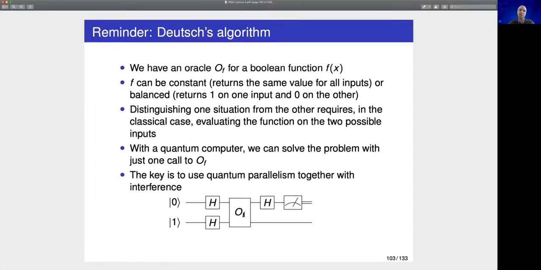One quantum function evaluation, but as we have mentioned before, with an input in superposition. And this is something that in the classical case would need two evaluations of the function, because if we evaluate the function on just one of the inputs, it's impossible to know whether it is constant or it is balanced, because on the other input it can be the same or a different value, okay?